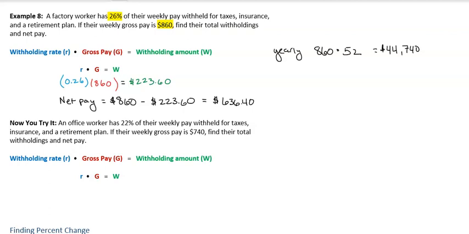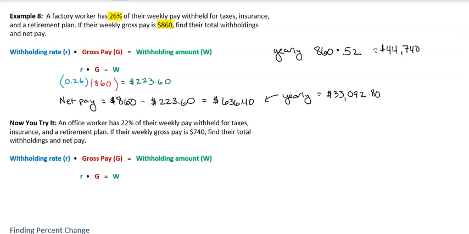Okay, so now what is this yearly pay? This yearly pay is going to be this number times 52 again, and that is going to equal $33,092.80. Okay, so pretty big difference, more than $11,000 difference that ends up coming out.